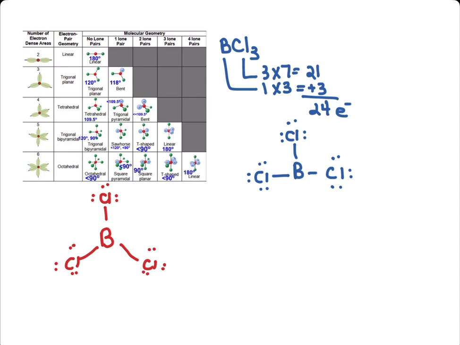And it has the shape of trigonal planar with a 120-degree bond angle. Now, the Lewis structure looks a little different than the actual geometry because I'm attempting to show my bond angles at 120 degrees. So that is necessary. So I have the correct drawing, the name of the geometry, the bond angles. Let's take a look at the next example.